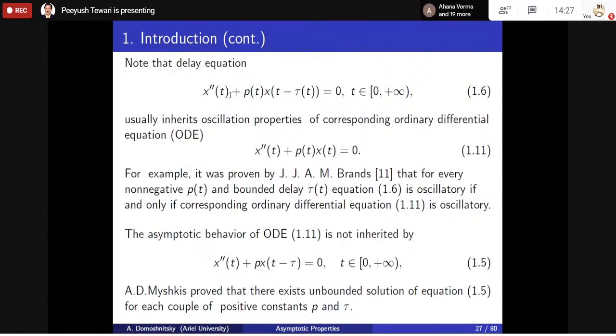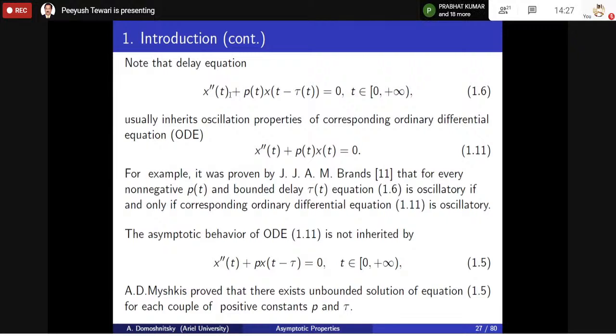And what is important here? For oscillating properties, by the end of the 70s it was clear that an equation with delay inherits oscillation properties of the ordinary differential equation.